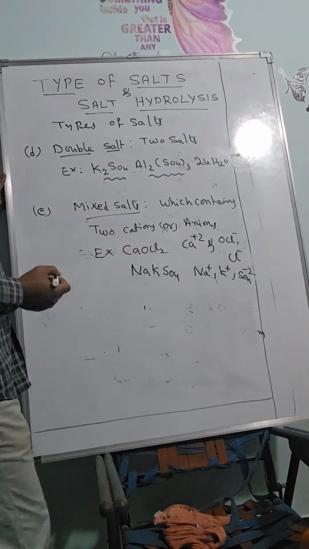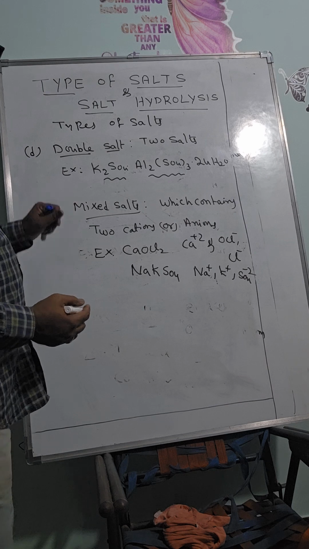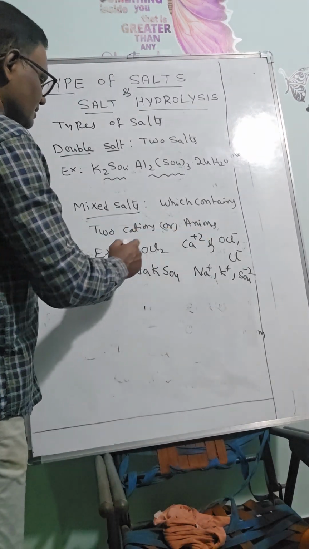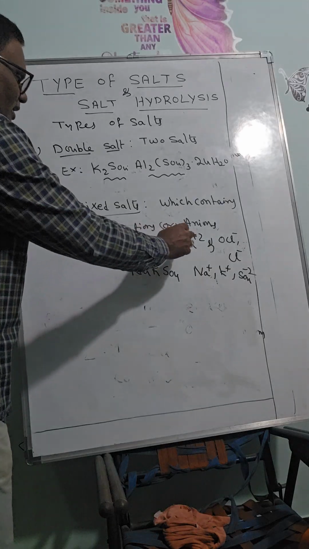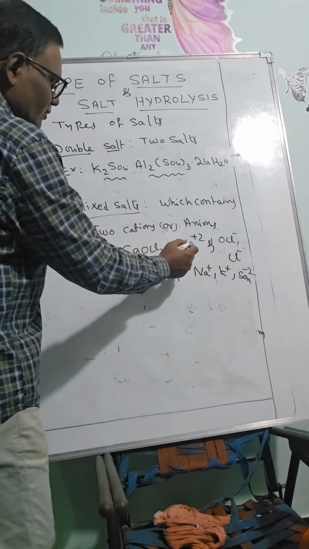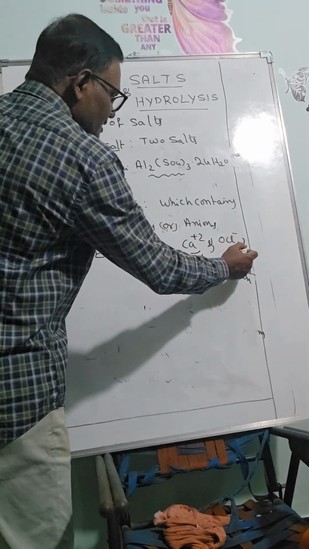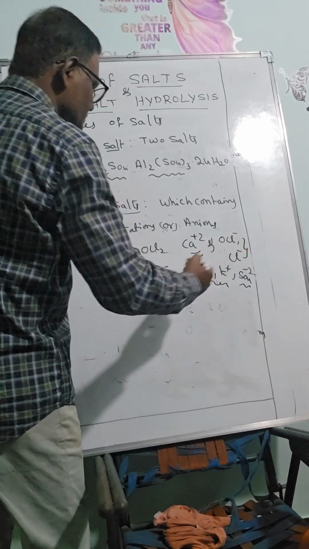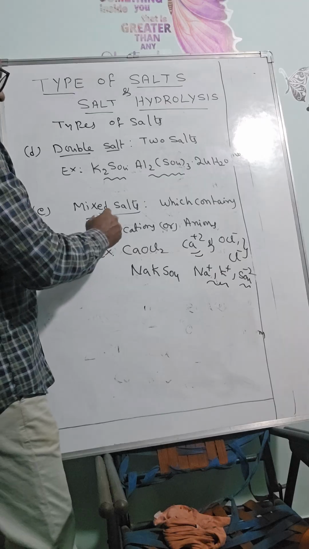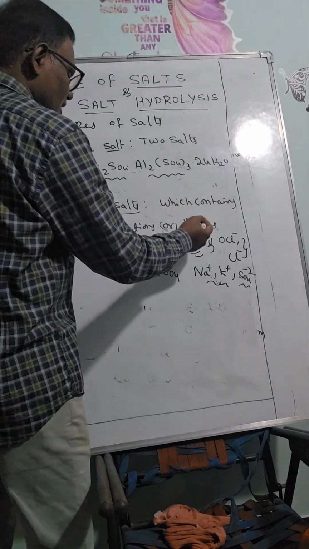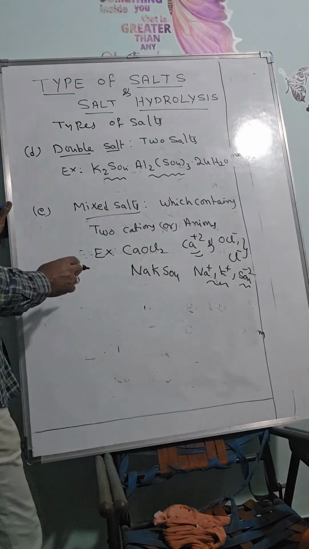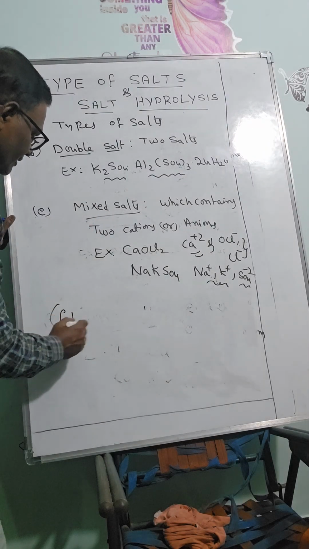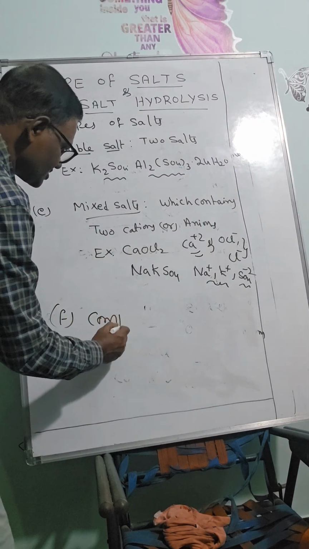A mixed salt contains either two cations or two anions with one ion of the opposite type. Here one cation and two anions are present; in this case two cations and one anion are present. That is a mixed salt. One more type of salt, children, complex salts.